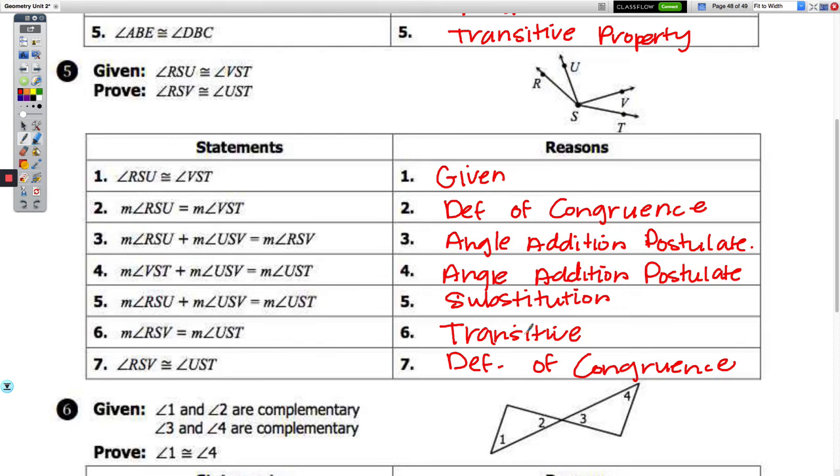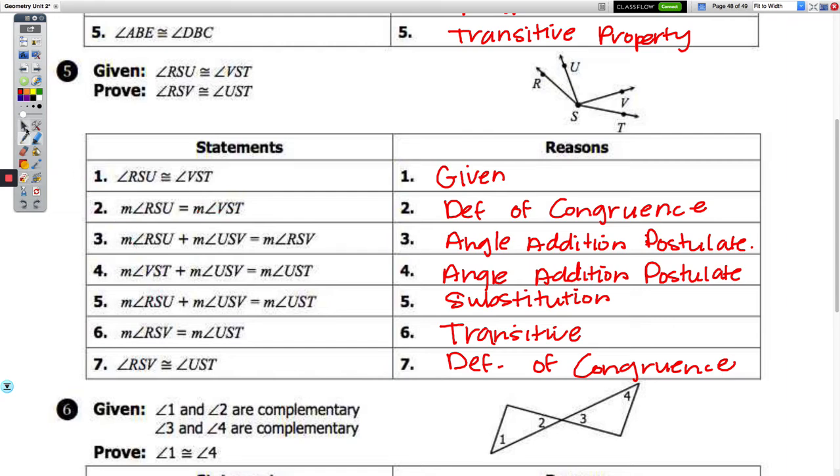Are there any questions on number 5? What are you substituting? It says the measure of angle RSU equals the measure of angle VST.